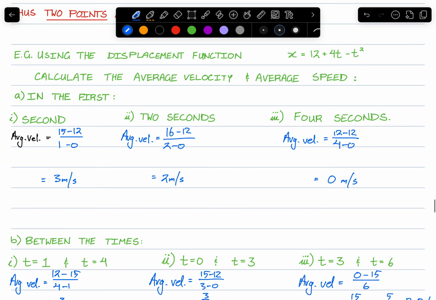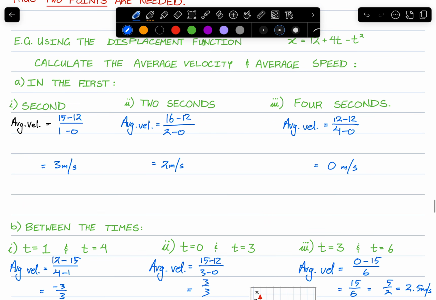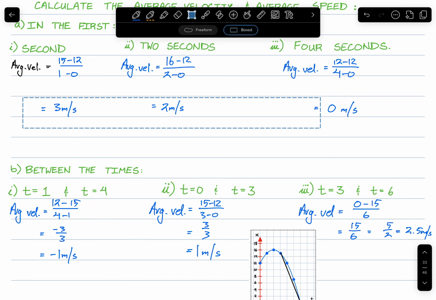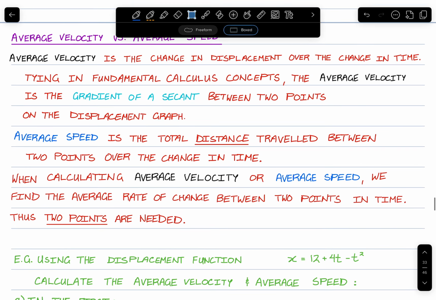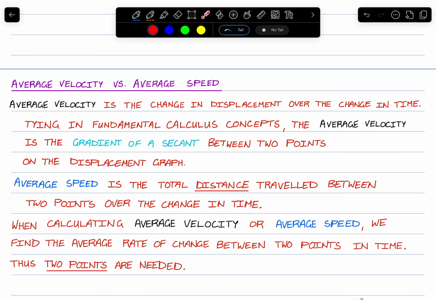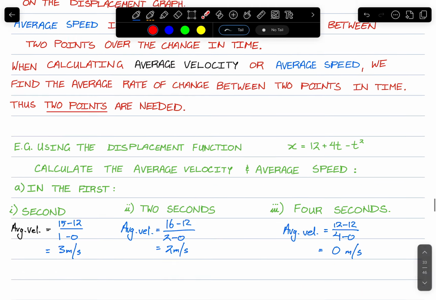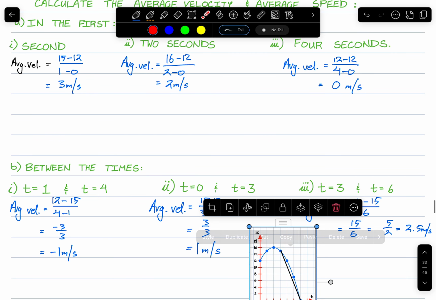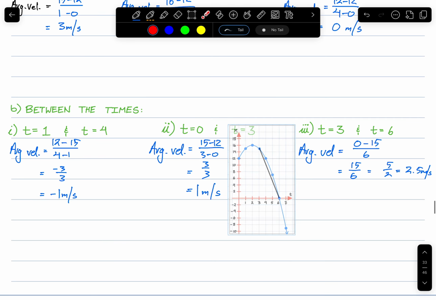Now let's take a look at the difference between that and the average speed. So now the average speed, go back up here, it says we need the total distance traveled between those 2 points in time. Now remember, when it comes to distance, we have to factor in the turning point. So because of that, in the first second, let's go back here with our graph.